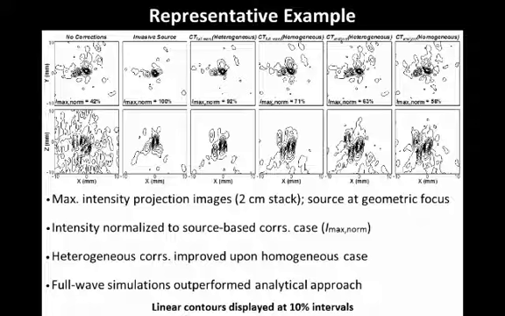You can see that the array maybe has too few elements. It's not quite exact. There are grating lobes, but the location is fairly good. With the heterogeneous correction, we get almost similar results. Homogeneous is less good, and so forth. And the fast model is not as good.